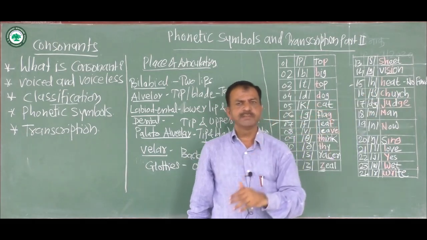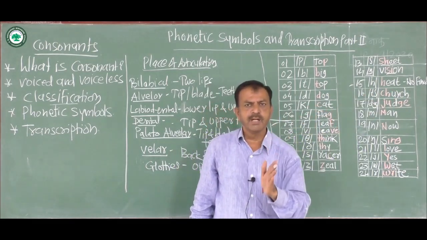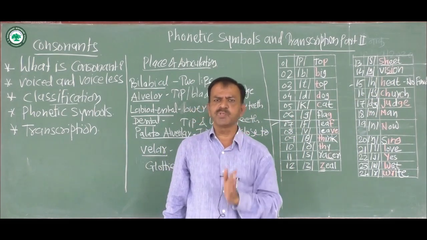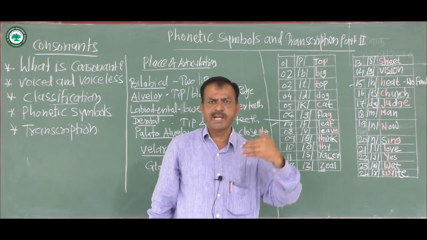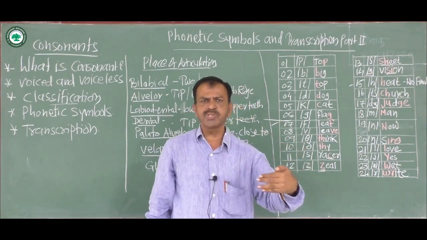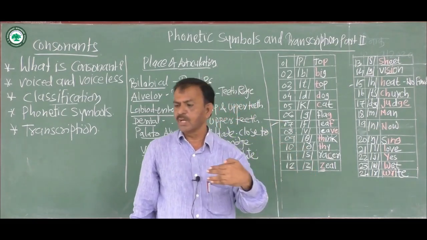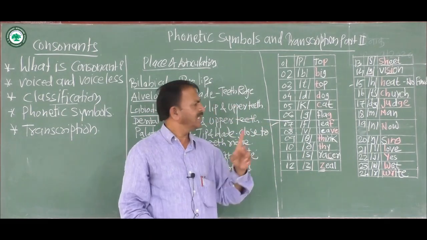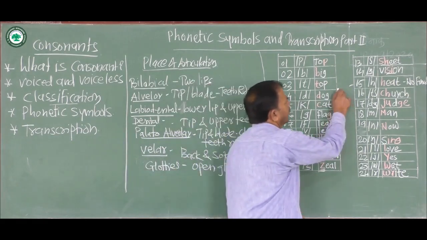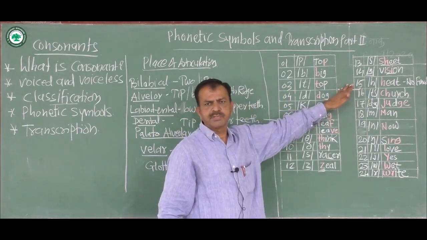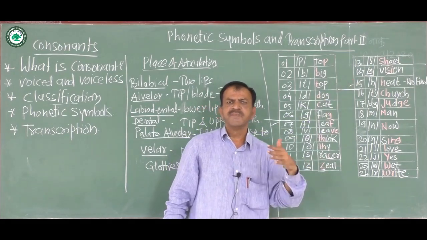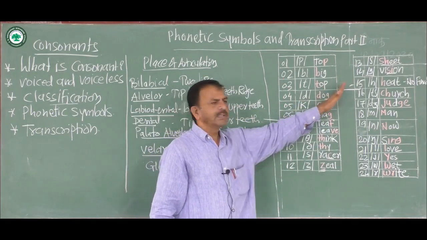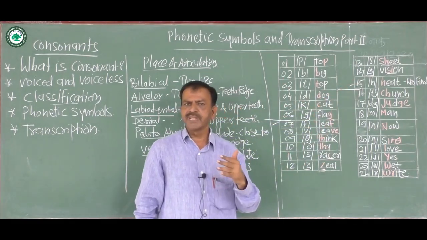But one more thing you have to remember, that the h sound never comes at the final position. It can take the initial position or the middle position. So these are the nine sounds known as fricative sounds. The first six are plosive sounds. The next nine are called fricative sounds.